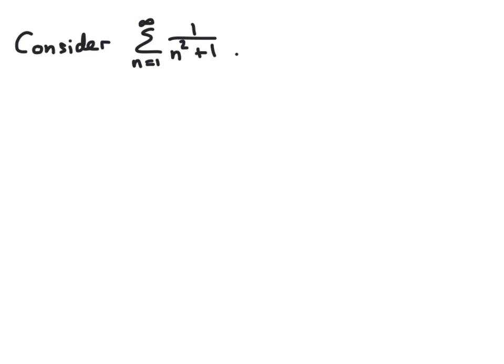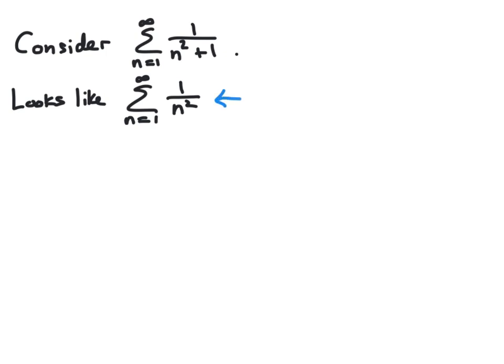To get an understanding of how the comparison test works, let's start by considering the series the sum n equal 1 to infinity of 1 over n squared plus 1. This series looks similar to the series sum n equal 1 to infinity of 1 over n squared, the only difference being that the terms of the first series will have a denominator which is one more than the terms in the second series.